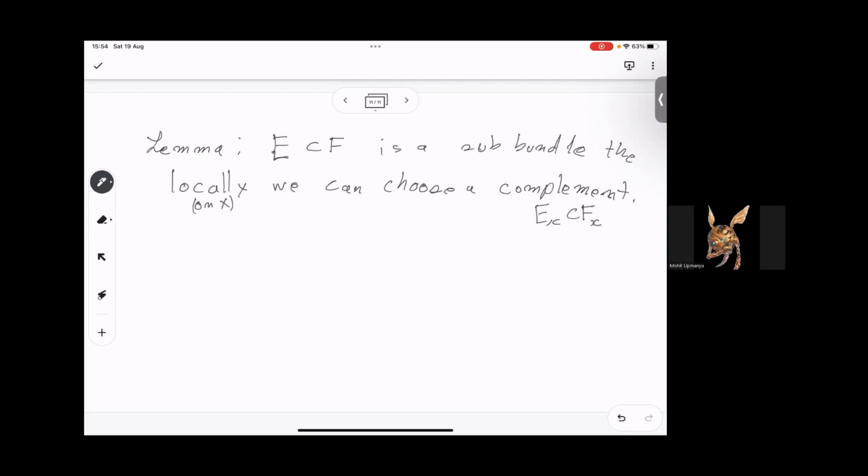Right, so since the statement is local, we could assume that E and F are trivial. So this is just some X cross V to X cross W, a subset of X cross W, something like that. And of course, we might as well assume it's a nice injective mapping.